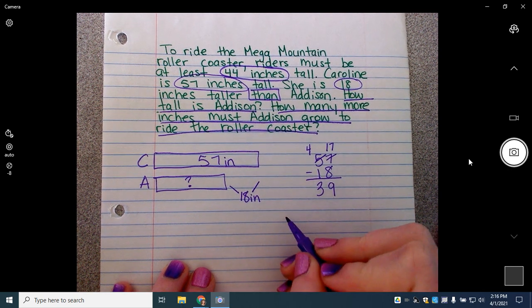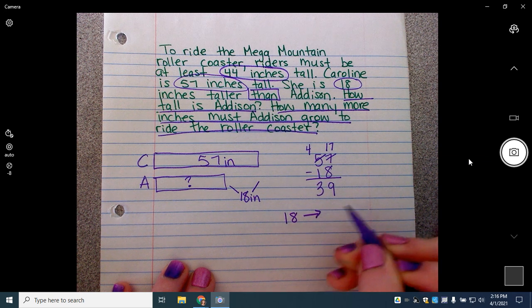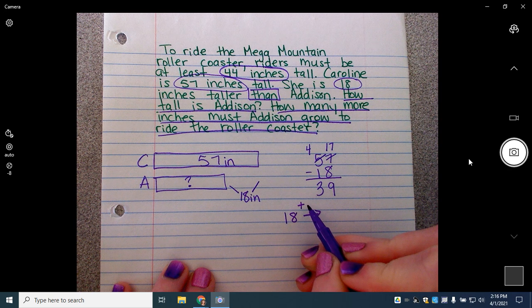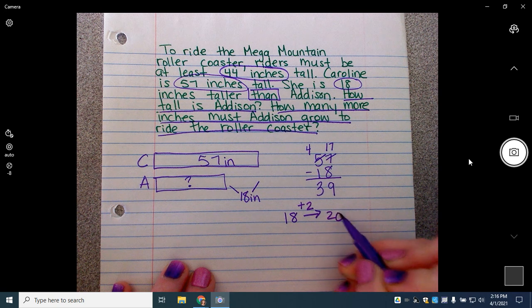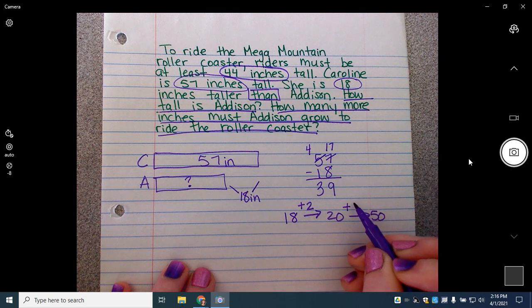There's also another way we could do, the arrow way. We could start at 18, and we're trying to get to 57. So we would add 2. That will be 20. Then we could add, trying to get to 50. So that'd be 30.